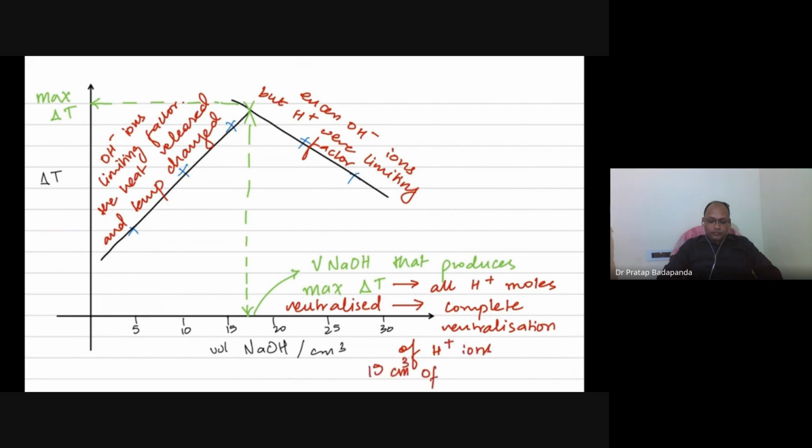So 15 cm³ of 0.100 mol/dm³ HCl was completely neutralized to produce the maximum temperature change. This was achieved only through a graph that had two straight lines which intersected each other to give us the volume, which in my case is around 16.5 or like 17ish.